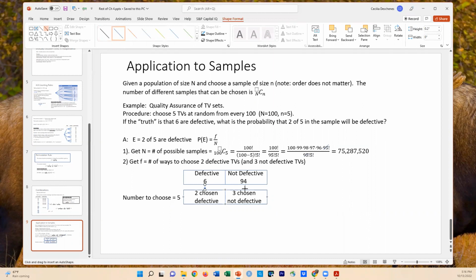Of the 6, 2 have to be chosen out of those 6 that are defective. Remember, our event is that we choose 2 defective. So even though they're all mixed together, we know that there are 6. So in order to get 2 defective, we have to choose 2 of those 6. And then we also have to choose 3 that are not defective.